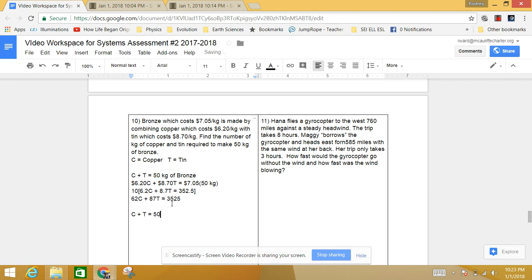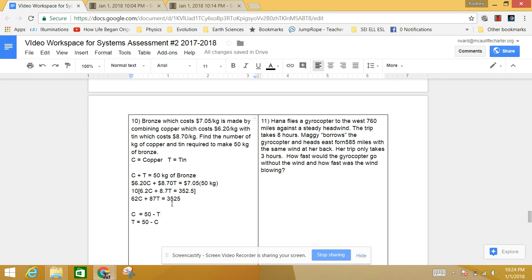So this means if C plus T equals 50, then C equals 50 minus T, and T equals 50 minus C. You can just rearrange those two equations by subtracting T from both sides or subtracting C from both sides. So now I'm going to take one of these and replace either C or T with it.